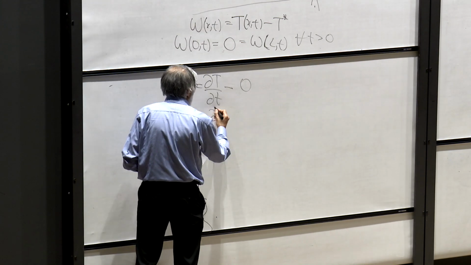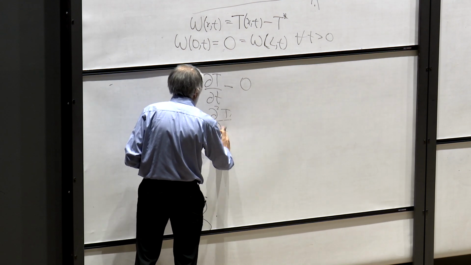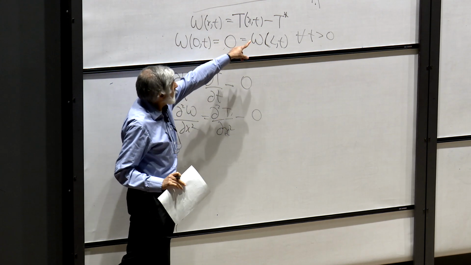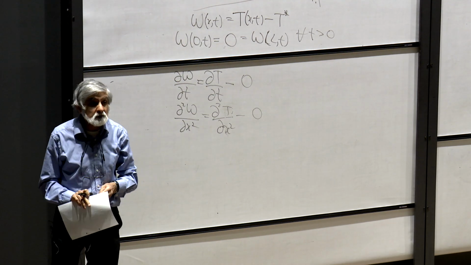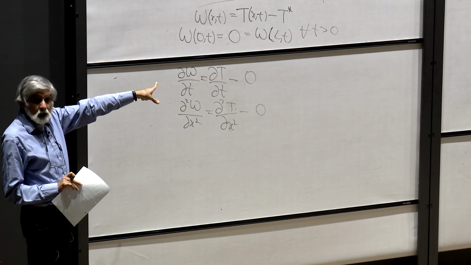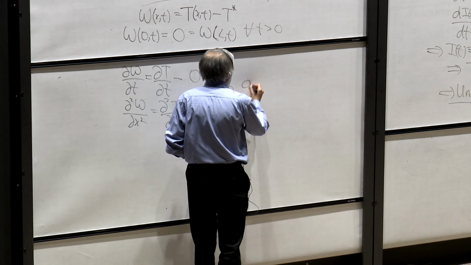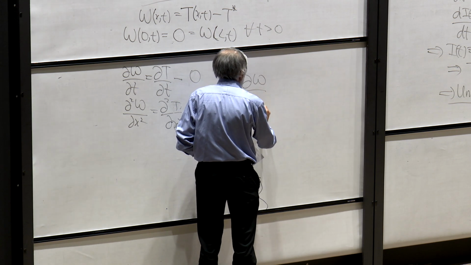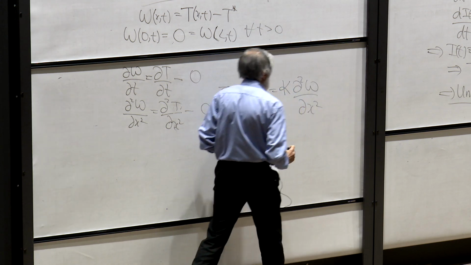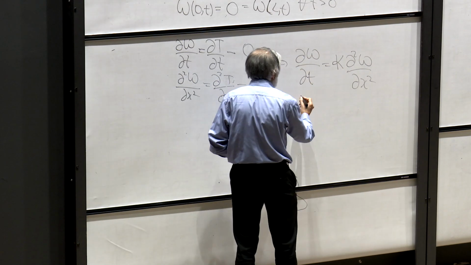That equals d2T by dx squared minus 0, because you differentiate a constant twice, you get 0. So W satisfies the same equation as T. So now we're back to the problem that we've just been solving.